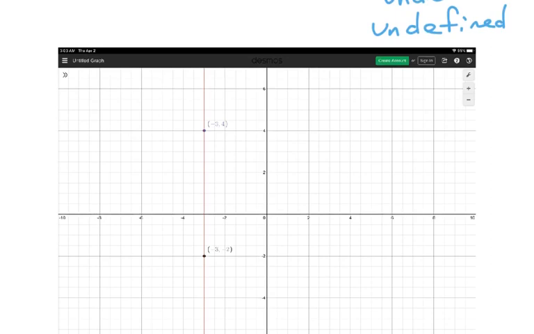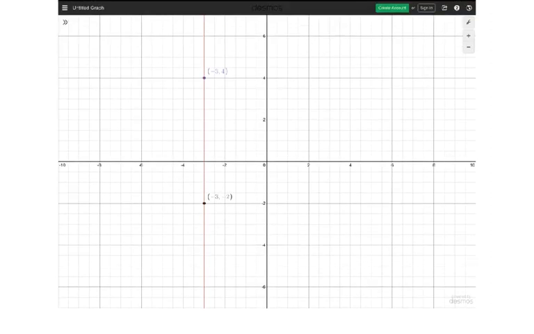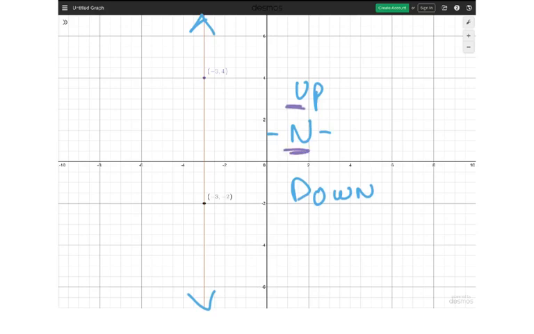That line looks like this, and we realize that the line is going up and down. So realize that when you see a line going up and down, it's undefined. Okay, so hopefully that's okay.